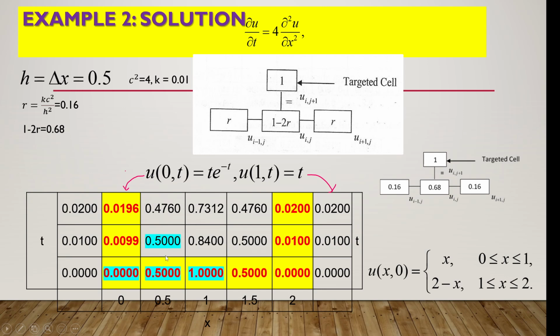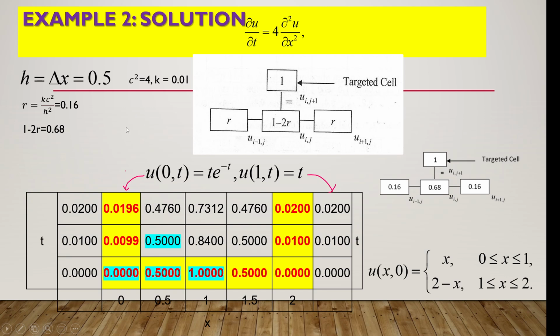So you have to determine the inner cells, 1, 2, 3, 4, 5, 6, six cells, using the general molecule for the explicit scheme for solving the heat equation. The targeted cell equals R times your left bottom cell plus 1 minus 2R times the center bottom plus R times the right bottom.